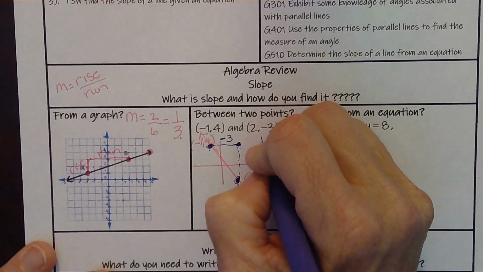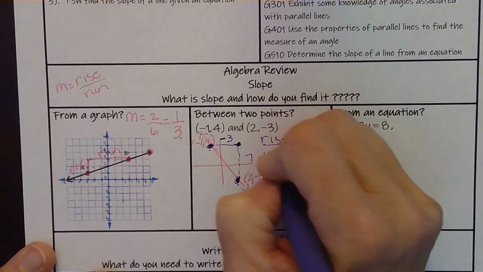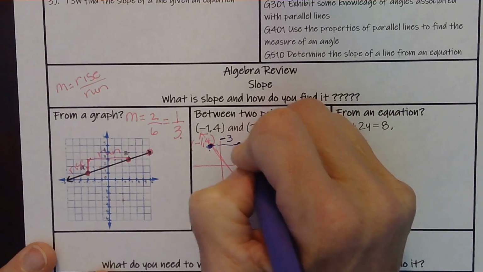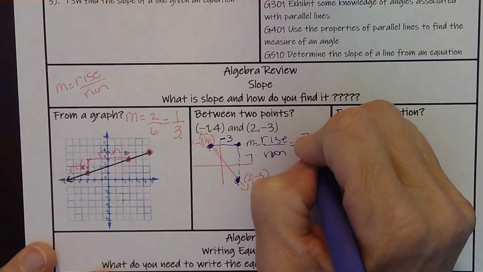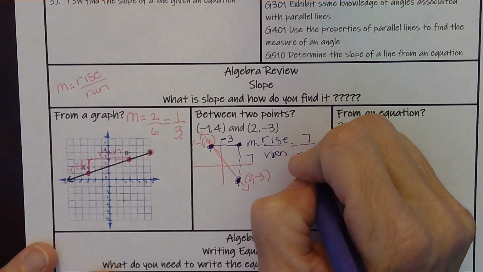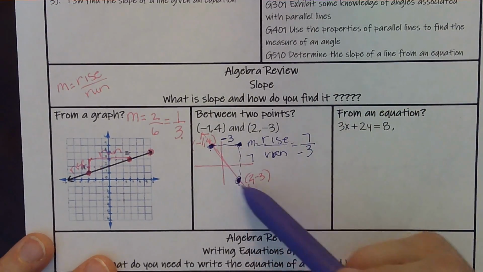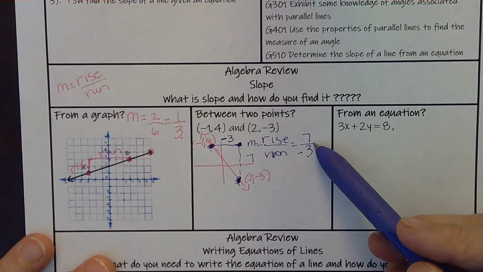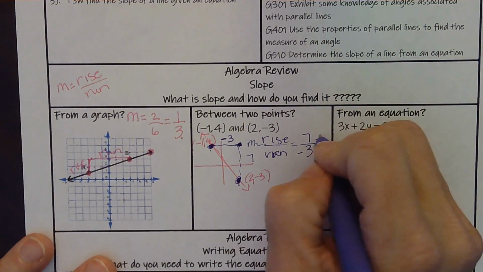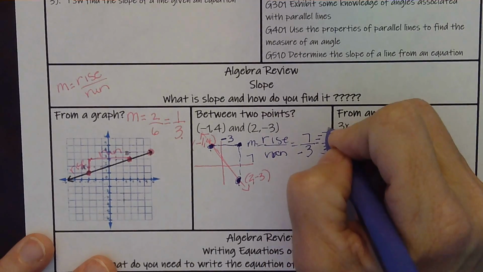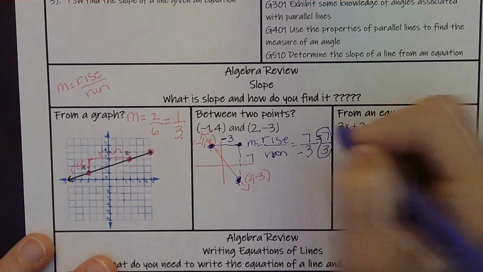So if we do rise over run for slope, then our rise is 7 and our run is -3. When your line falls, you know that your slope should have a negative value. So that's -7/3.